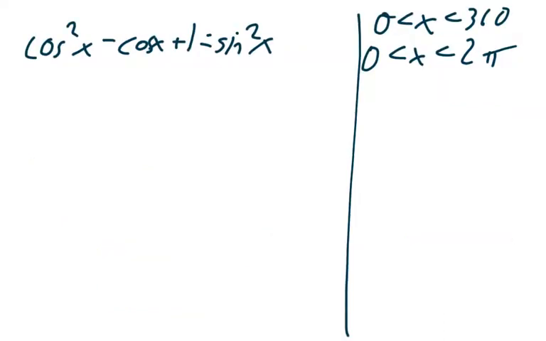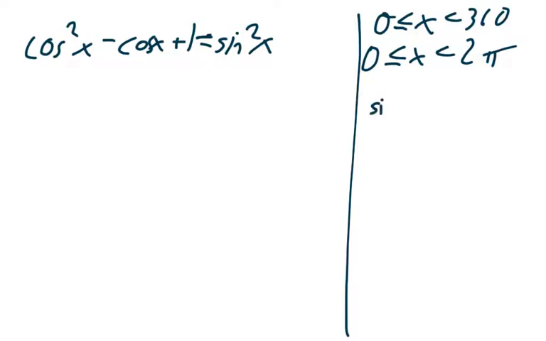Alright, in problem number 2, we're going to do a different problem where you can either say the answers are in between 0 and 360 or in between 0 and 2 pi. For this particular problem, we have sines and we have cosines.